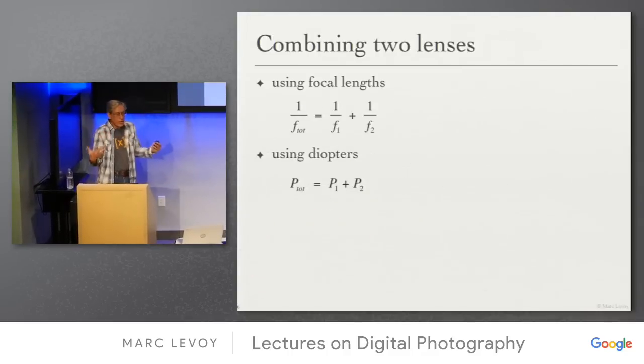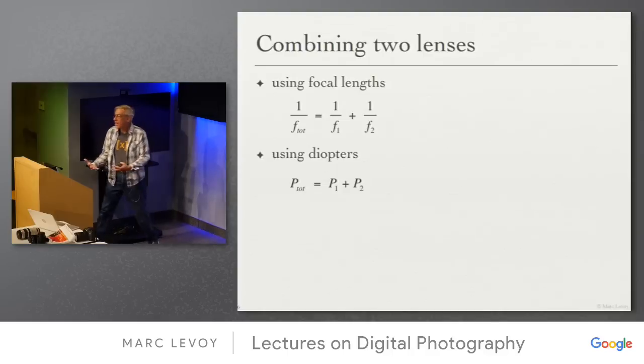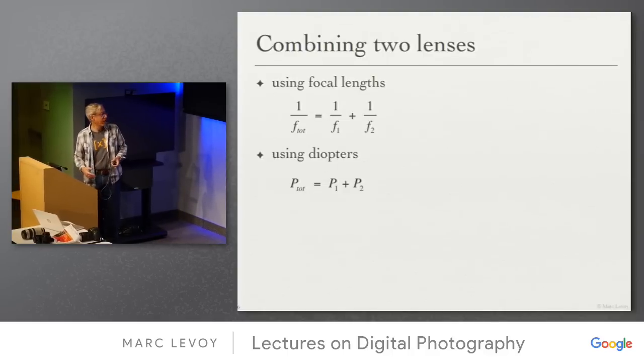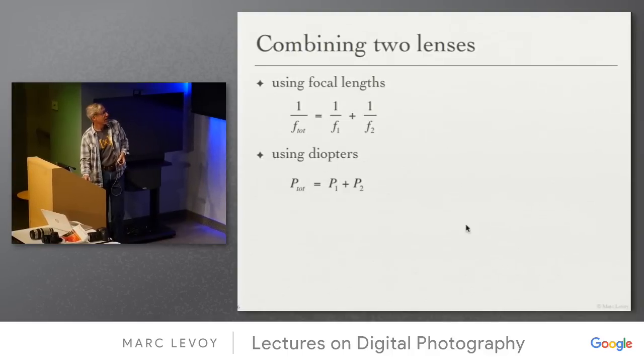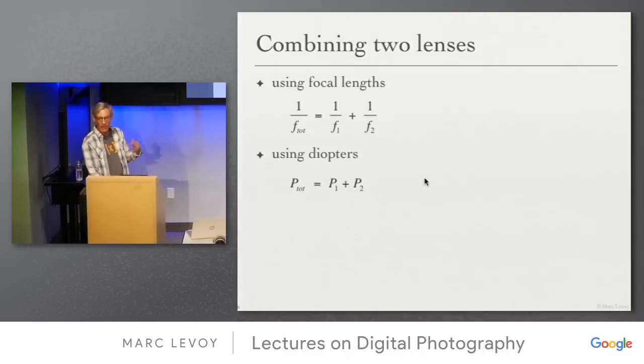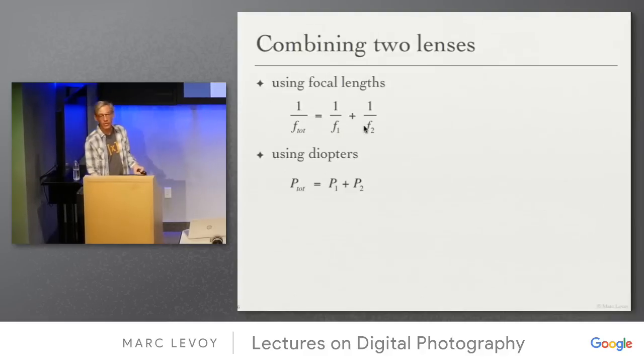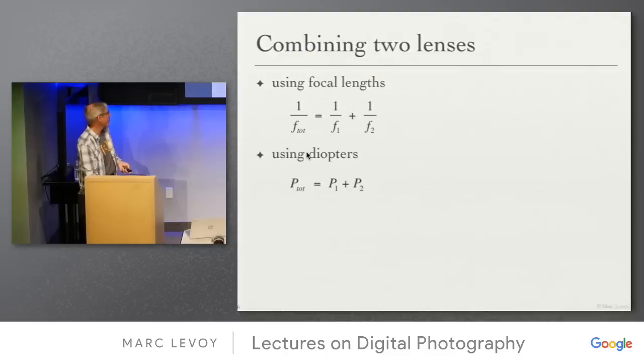Okay, so we can add diopters as a simple way of combining 2 lenses. If you work through some derivations that I'm not showing you, you can just say the reciprocal sum of focal lengths makes the reciprocal of the total, or diopters, you just add them.